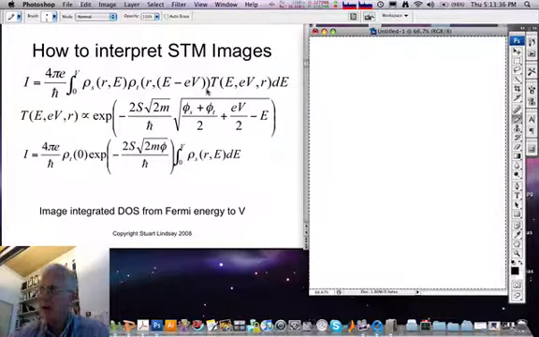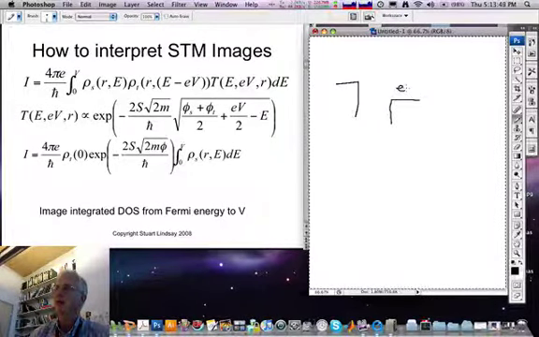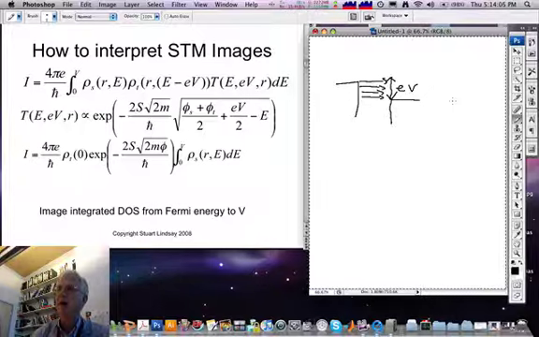So the positively biased element, let's just draw an energy diagram here. The positively biased element will have its energy lowered by an amount E times V volts, so that the net flow of current will be from filled states in the negatively biased electrodes to empty states in the positively biased electrodes.